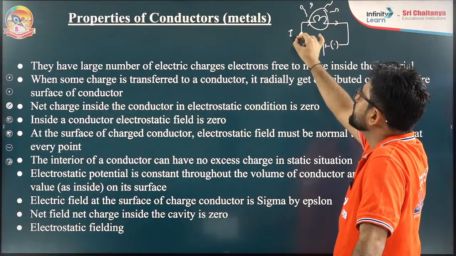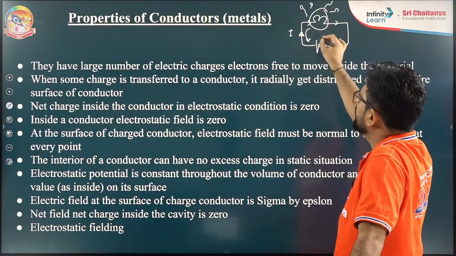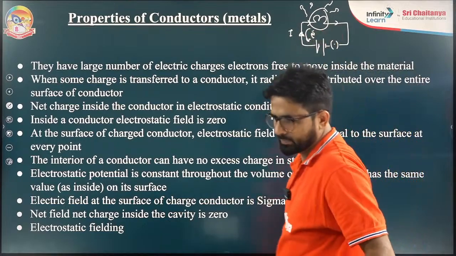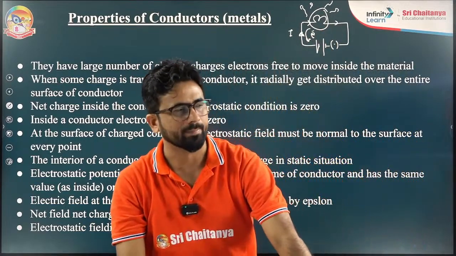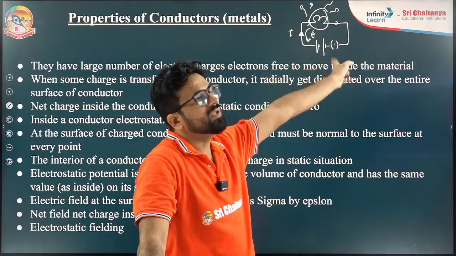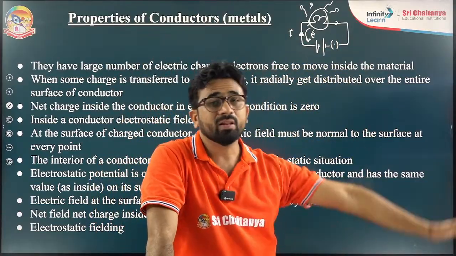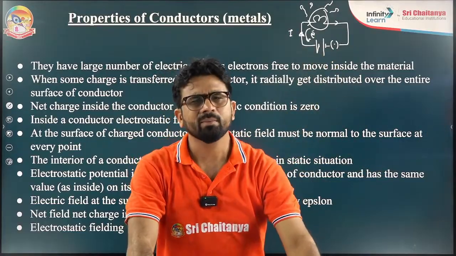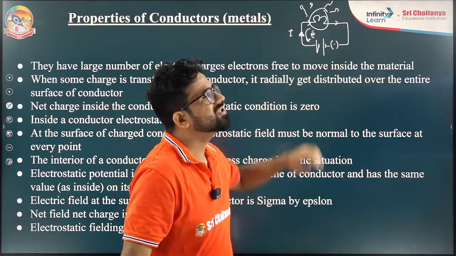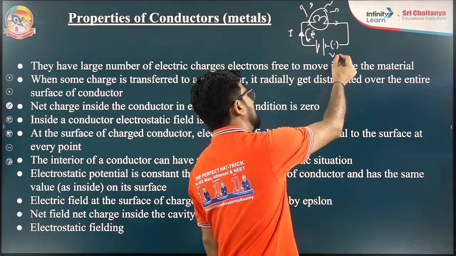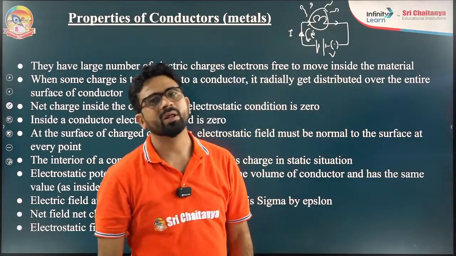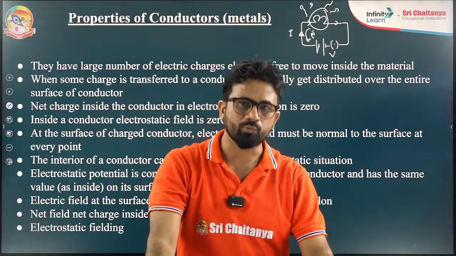When current is flowing, opposite to the current, what is moving? Electrons are moving. So those electrons are moving from one place to another in the conductor. Why are the electrons moving here? Because you put a potential difference, a battery. If you put any potential difference, then the electrons can move.